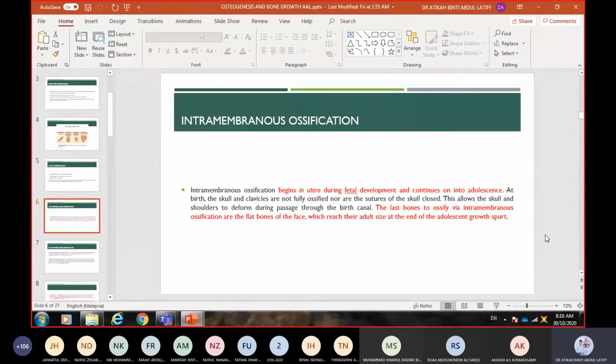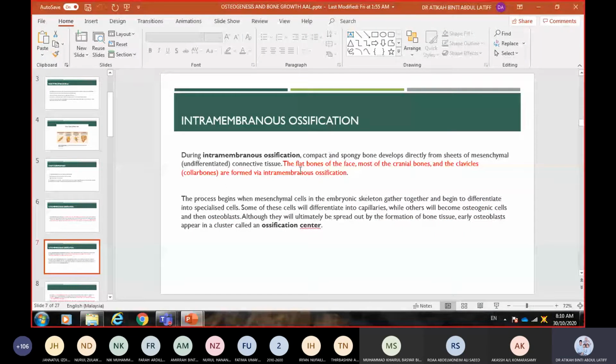Okay, so intramembranous ossification occurs only at certain areas of the body, so certain bones in the body. This includes the flat bones of the face, most of the cranial bones, and the clavicles, which are your collarbones. Only these bones, which are not a lot, are formed by intramembranous ossification.